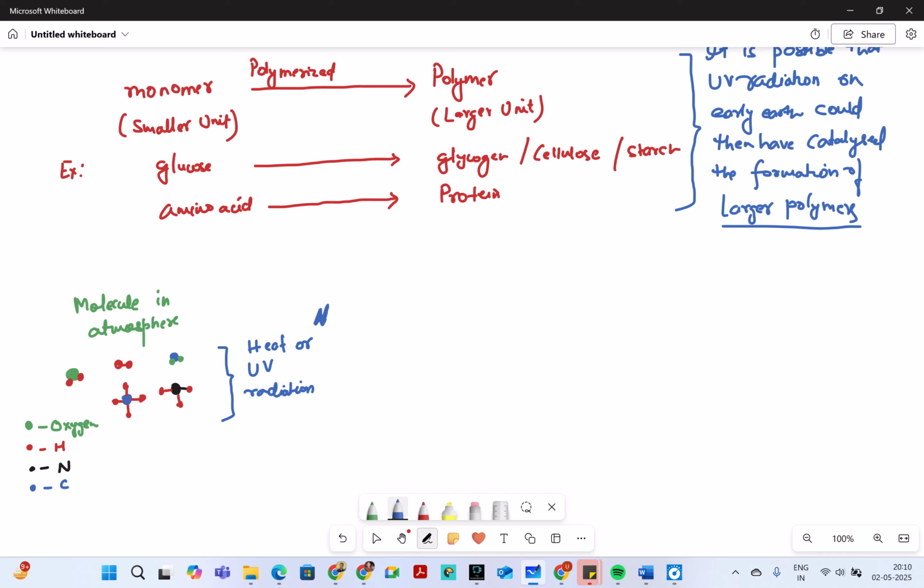Energy sign, right? Okay. So what we have got, all these molecules have now taken part and they have produced amino acids. Let's say some amino acids are like this, right?